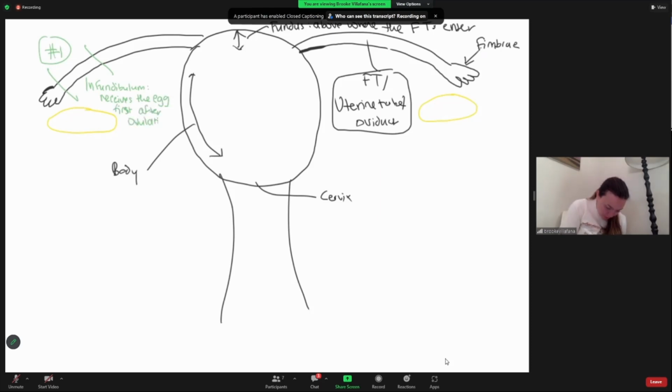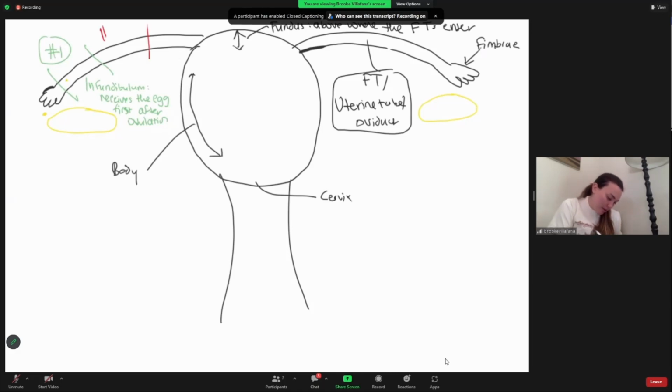So you guys remember when you ovulate an egg, you ovulate it into the abdominal cavity, and then the fimbriae pick it up, and because of cilia on the fingers of the fimbriae, they're going to pull it in, and then it will get inside the actual fallopian tube. So the ovary and the fallopian tube are not connected directly. The fimbriae have to use cilia to bring that egg inside.